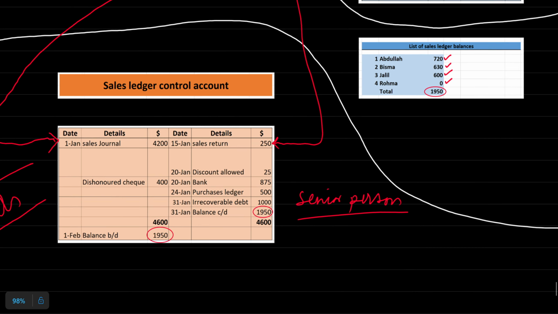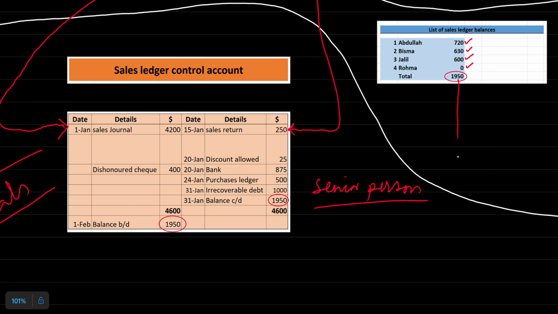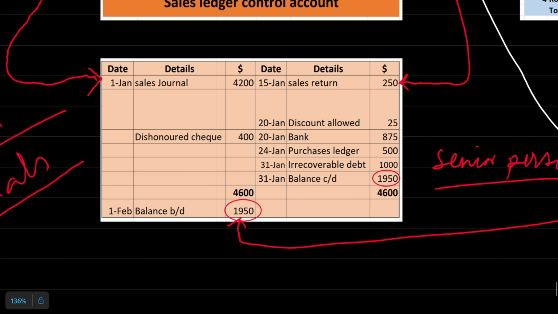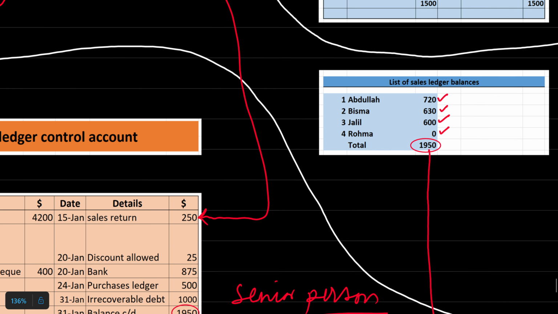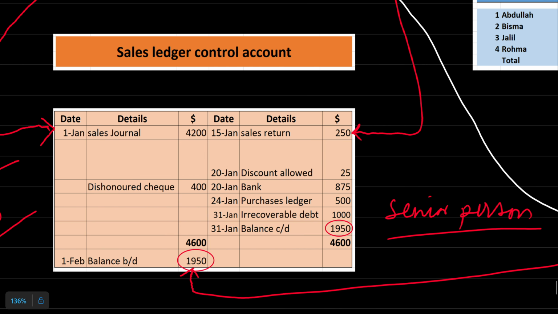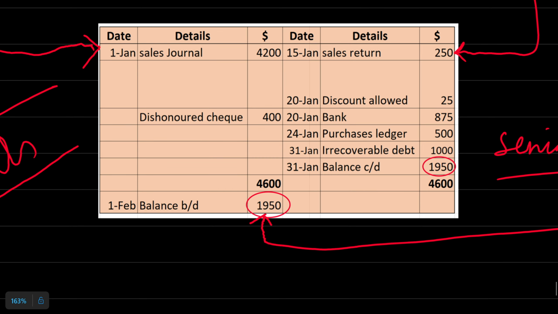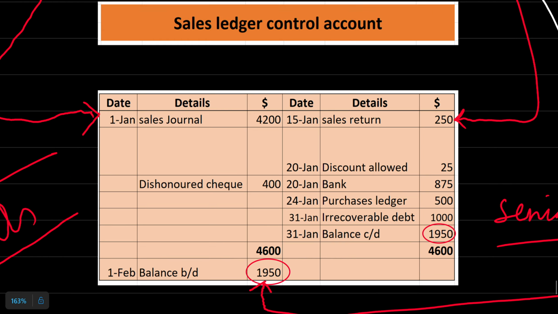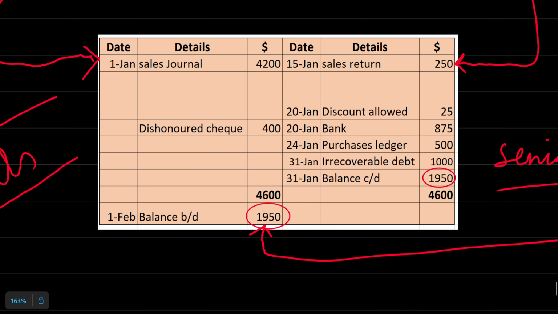While if we compare this closing balance with the sales ledger control account balance, this is also the same. So students, if the sales ledger balances closing total is equal to the sales ledger control account, you can say there might not be errors in the work of the bookkeeper.